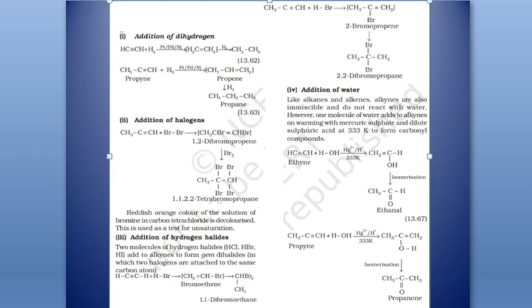And the enol will be converted into ethanal by tautomerism, and this tautomerism will produce ethanal, that is aldehyde, and here it will produce propanone, which is a ketonic compound.